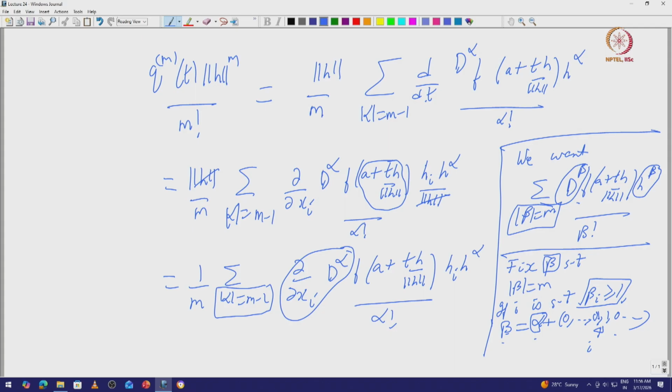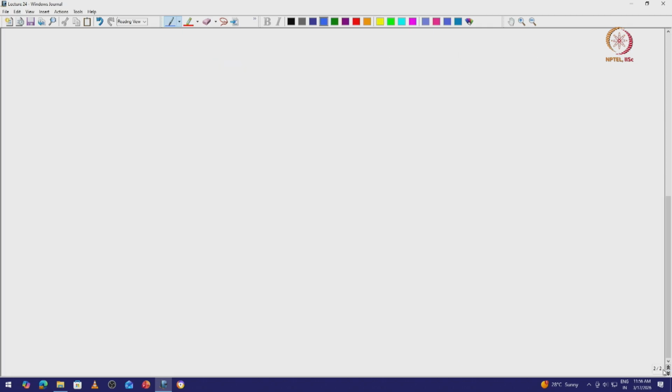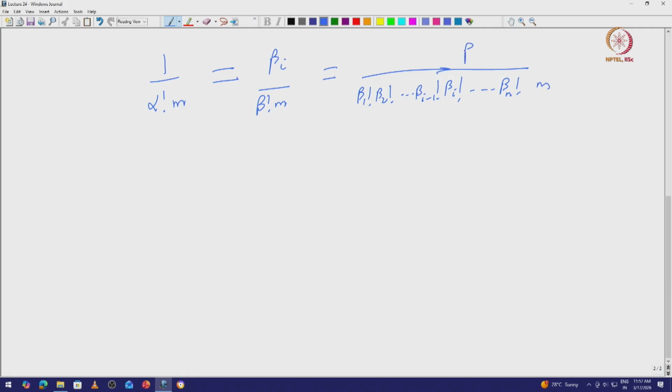Okay. So what can we do at this point? Notice the following, that if you take 1 divided by alpha factorial times m, I claim this is beta i divided by beta factorial times m. Indeed, what is beta factorial, right? This is beta 1 factorial, beta 2 factorial, so on until beta i minus 1 factorial, beta i factorial, so on, times beta i.